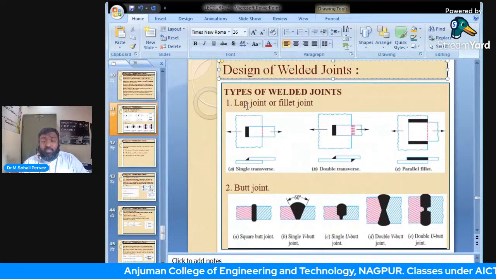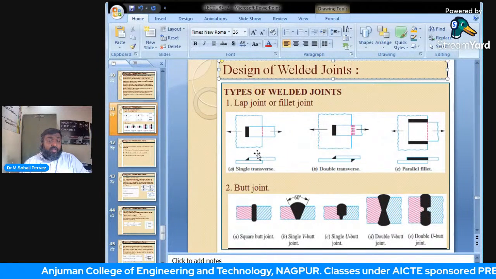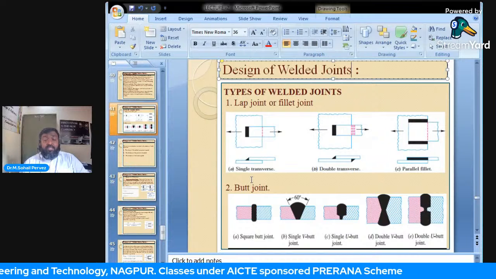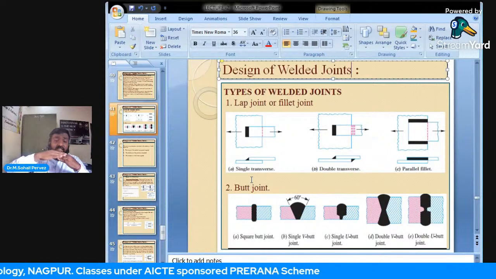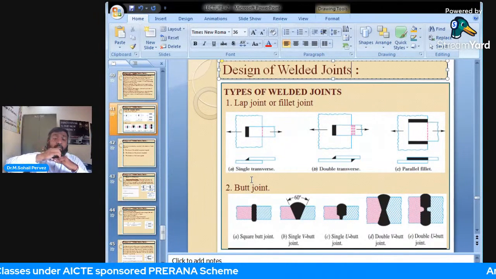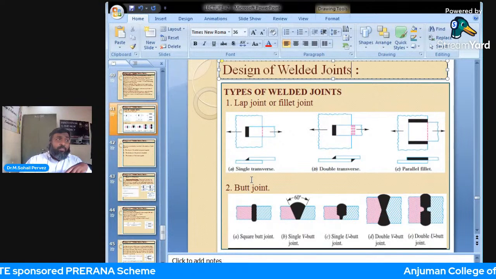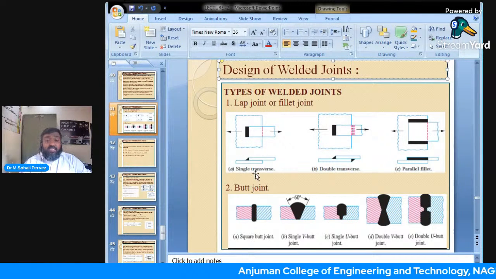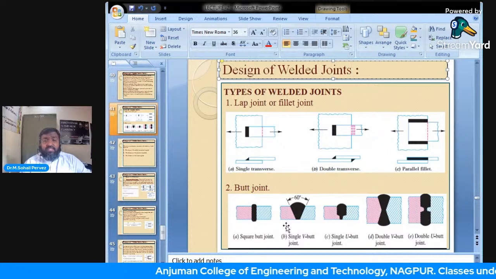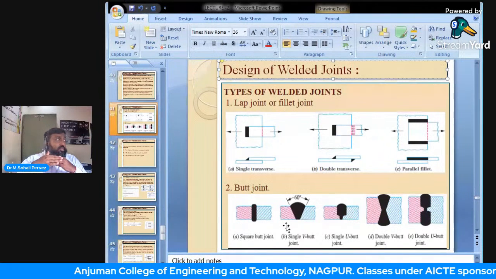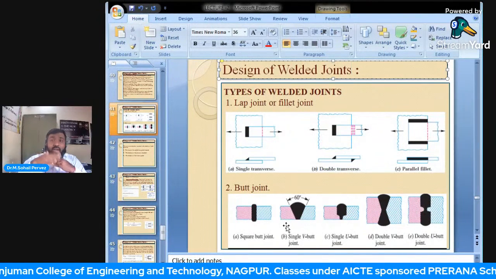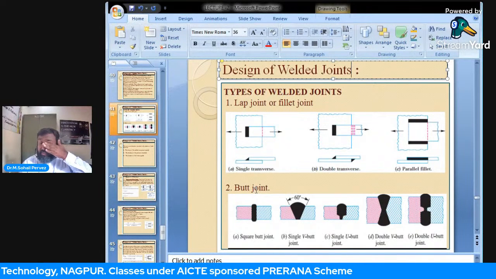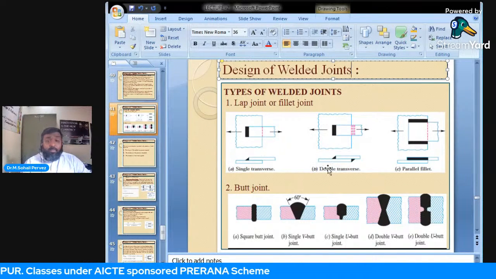Now, look at these diagrams. Single transverse means on one side the joint will be made parallel to the edge of the plate. Obviously it is a lap joint. The plates would be overlapping, so overlapping or single transverse. Second one, double transverse.